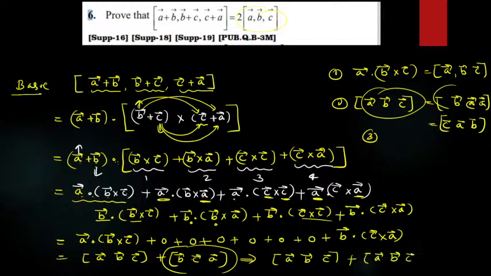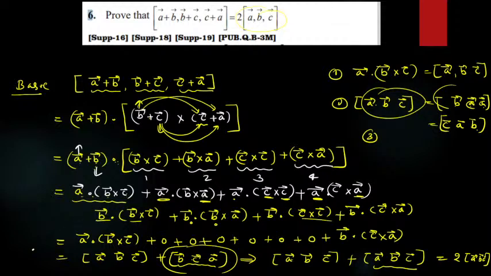Replace it like [A, B, C]. Remember, [A, B, C] can be written as [B, C, A], or you can write this as [C, A, B]. So replace [B, C, A] and work it out as [A, B, C], that is equal to [A, B, C] plus [A, B, C], which is 2 times of [A, B, C]. Hence the proof. Okay, but go slow, practice more, definitely you will get this.